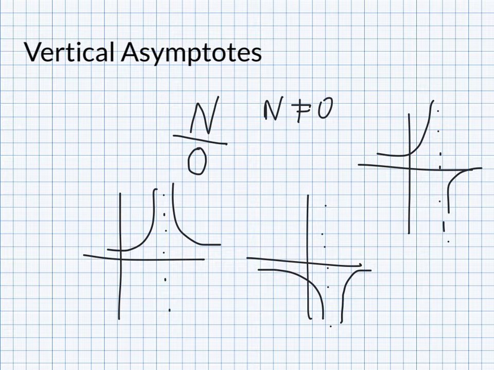If any of these things are happening, we're going to say that the limit on this graph is infinity, the limit on this graph is negative infinity, and the limit on this graph does not exist because both sides are going in different places.